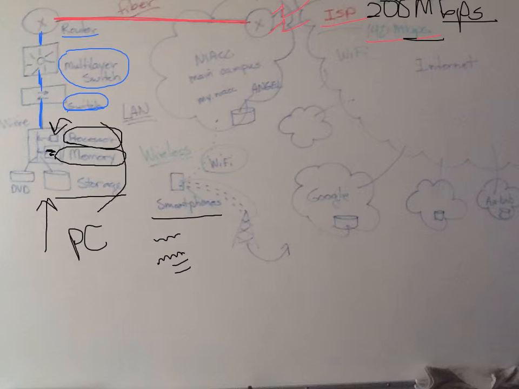Here on campus, the network main campus here, for example, my.NIACC is here on campus on some server. We have Angel stored here on campus. So when we come in, let's say from home, we can actually connect via the internet to those services.